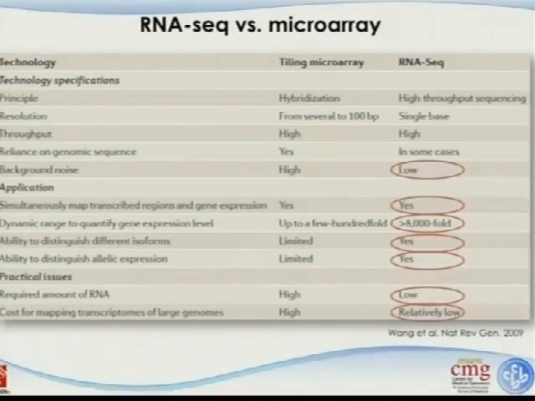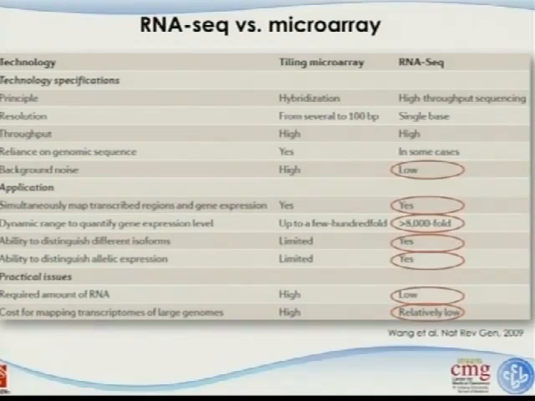Overall, for RNA sequencing versus microarray, RNA sequencing has much lower background noise, and you can simultaneously map transcript regions and gene expression. The dynamic range is also much higher.